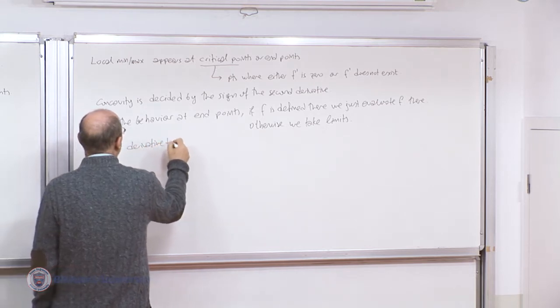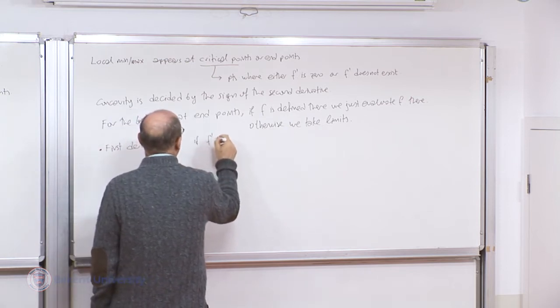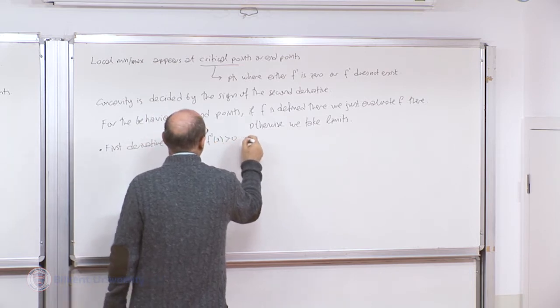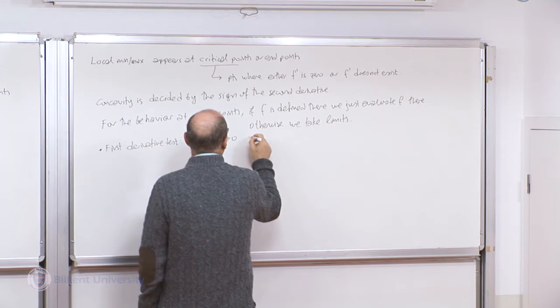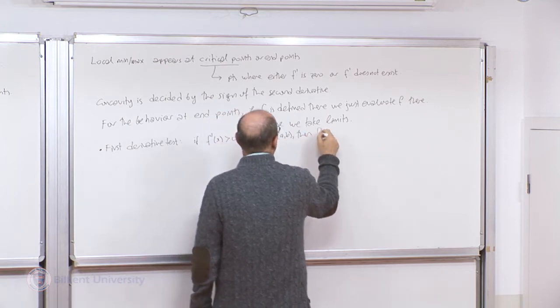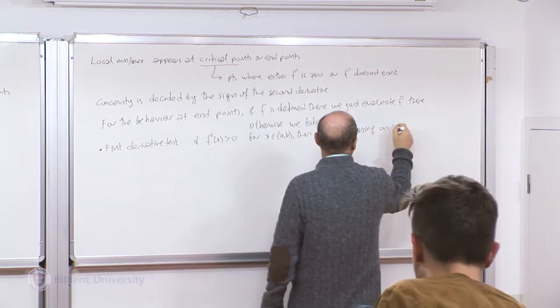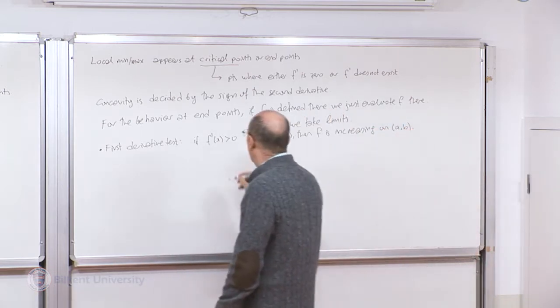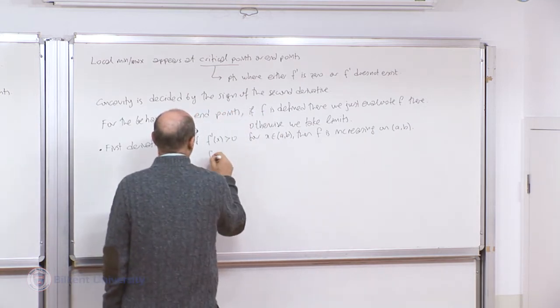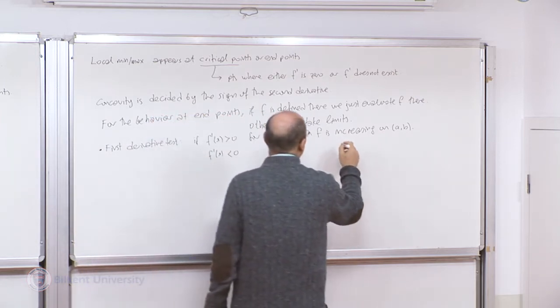Basically, we said that if f prime of x is positive for x in some interval (a, b), then f is increasing on (a, b). If f prime of x is negative on some interval, then it is decreasing.